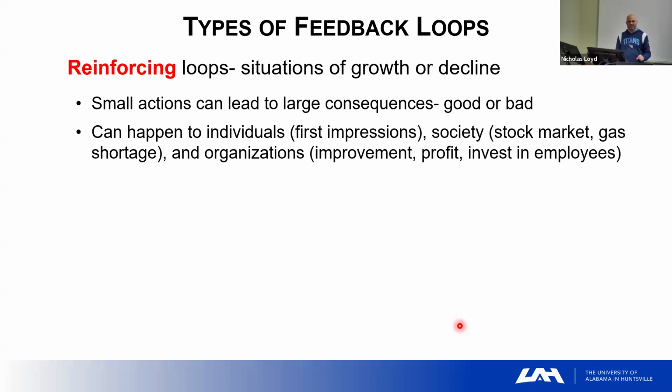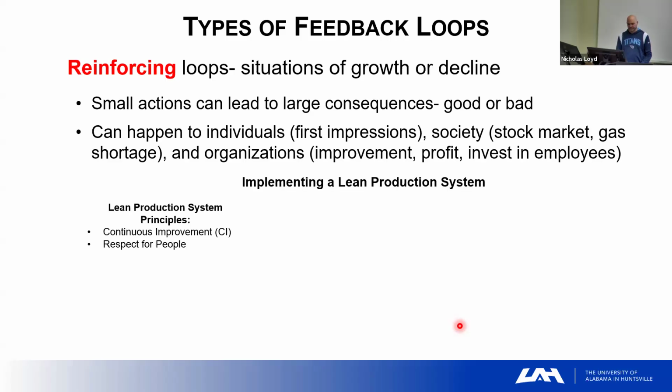In other words, getting momentum in the increasing level or consistent momentum in the decreasing level. So here's an example of a reinforcing loop. I did most of my career helping companies implement lean production systems.